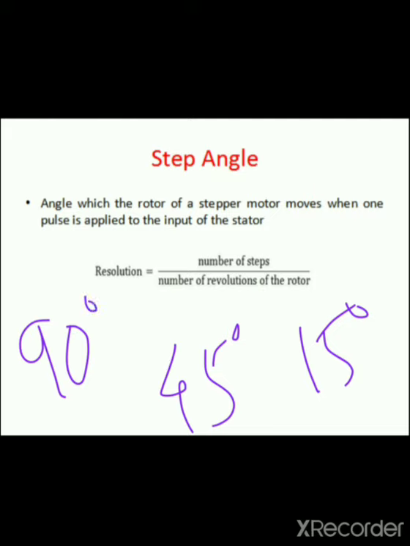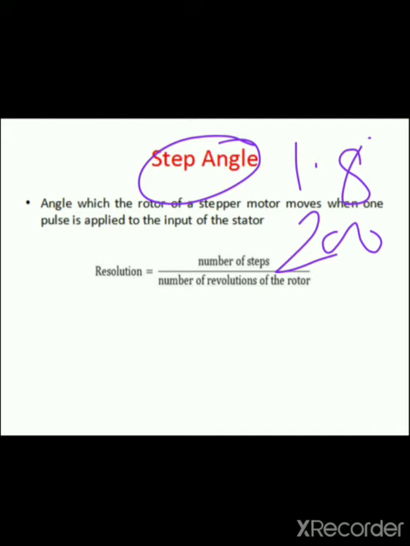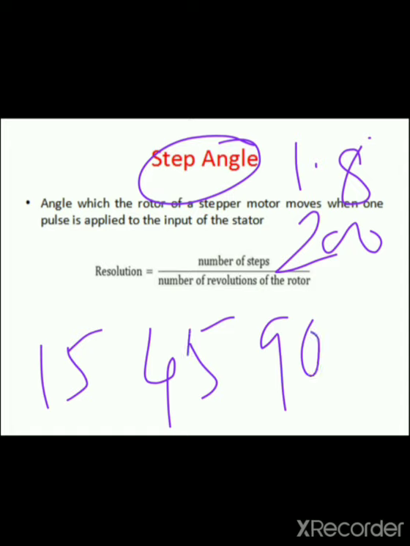So here we have seen that the standard motor will have a step angle of 1.8 degrees with 200 steps per revolution, and 15, 45 and 90 degrees are common step angles in simple motors.